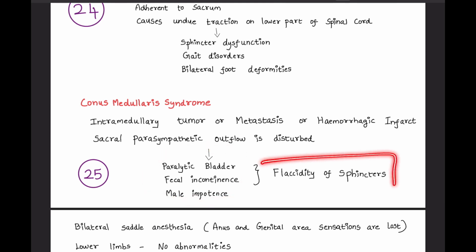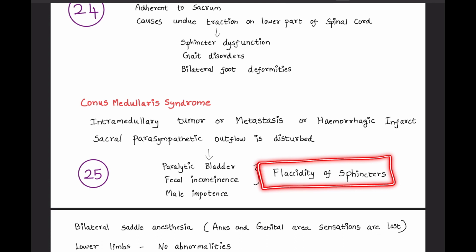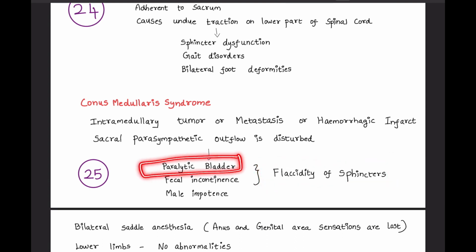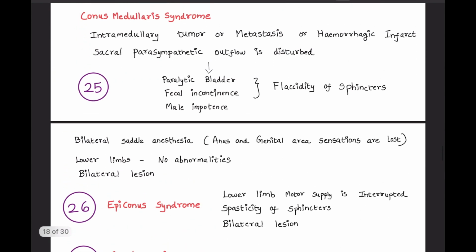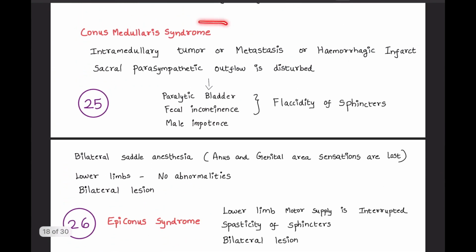Basically, this is flaccidity of sphincters. It is the same as sphincter dysfunction. Flaccidity means complete relaxation of sphincters. So paralytic bladder: the bladder will no longer work, so it cannot store the urine. Fecal incontinence, the same as I have discussed earlier. Male impotence means there will be problems with ejaculation and erections.